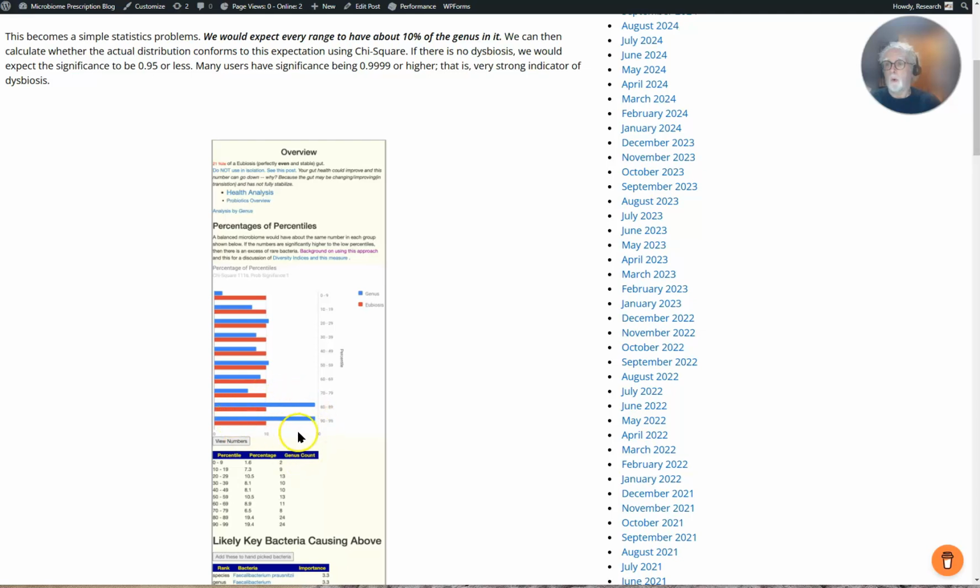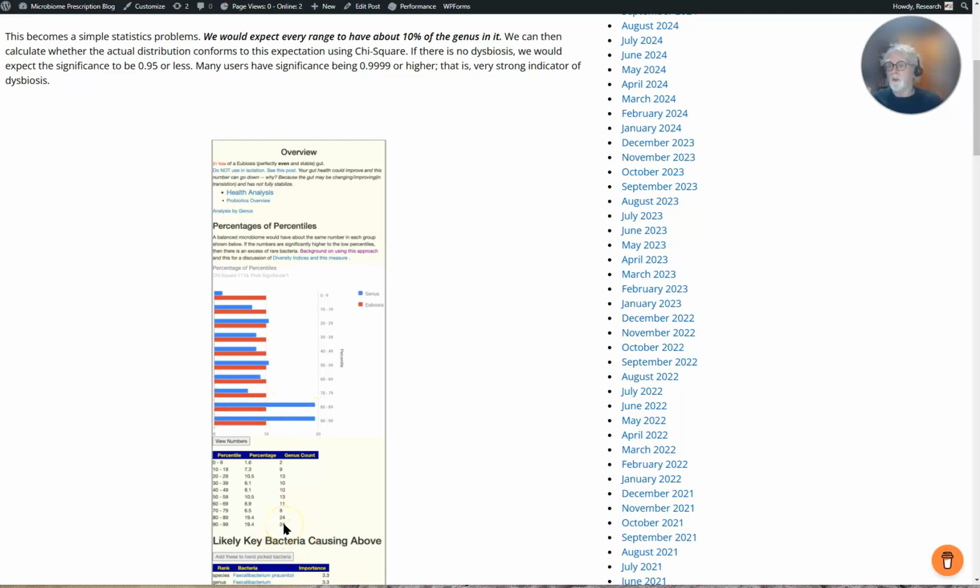But where you really see it is the number of bacteria where you are at a very high amount compared to all the reference sets, and in this case you have almost double the amount of bacteria which are sitting at 90 percentile or higher, which means, okay, here's the dysbiosis, here is where it's likely happening.